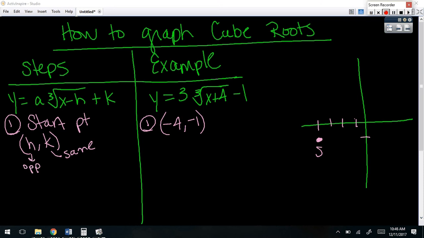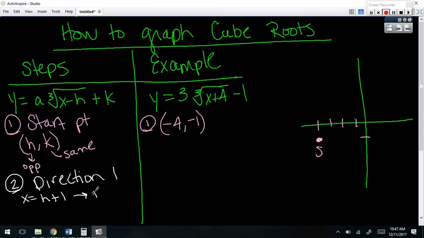When we're graphing square roots, what's step 2? You go up, right? That's right. So I'm going to call this direction 1. I'm going to do h plus 1 for my x, just like we did before. We added 1, and then we plugged in. So it's the exact same thing.